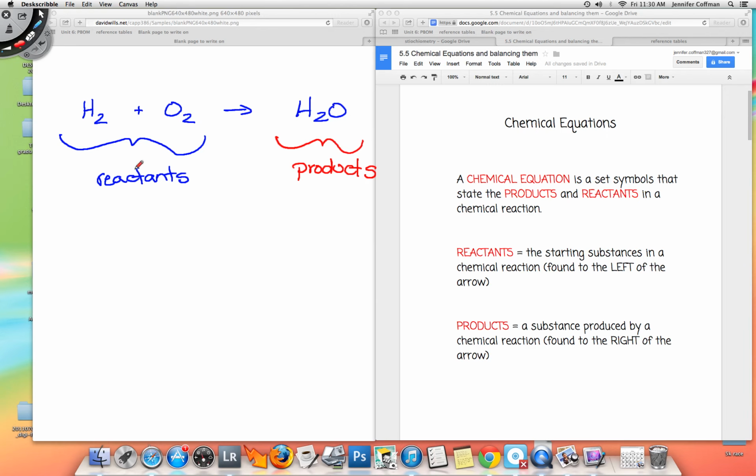Alright, now if you recall, there was a law that we talked about previously called the law of conservation. The law of conservation states that what I have when I start has to be what I have when I end. And in this case, I do not have the same amount of stuff in my reactants as I do in my products. Let's take a look more closely.